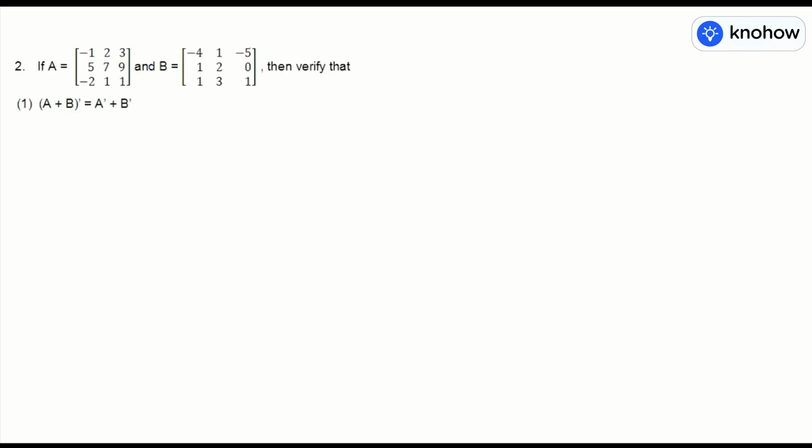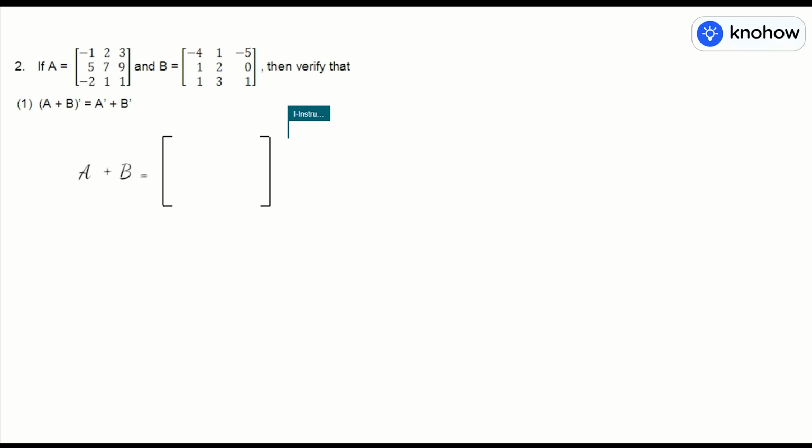Now question 2. If A and B are two matrices, we have to verify that the transpose of A plus B is A transpose plus B transpose. So let us first of all work out A plus B. Now as A and B, both the matrices are of the order 3 by 3 given to you, how do you add them? Just add the corresponding elements.